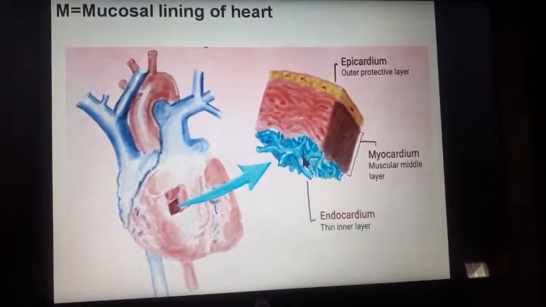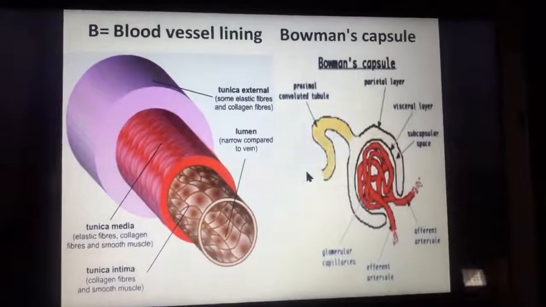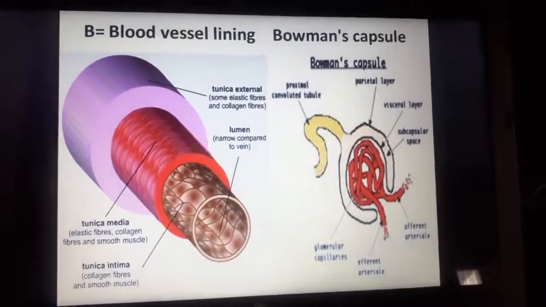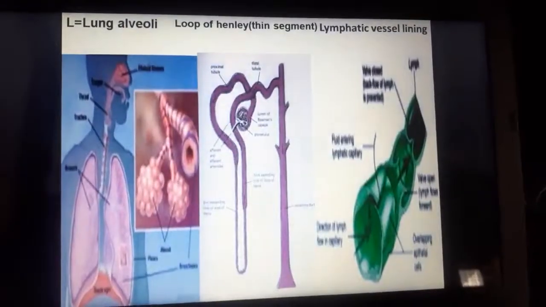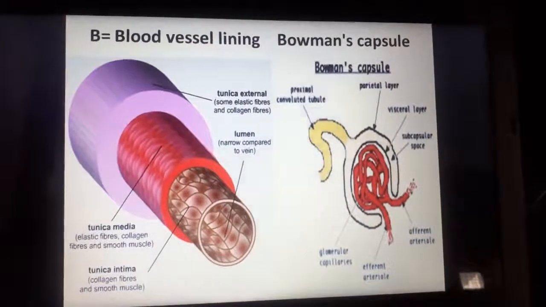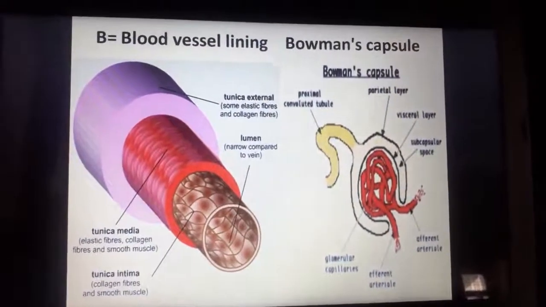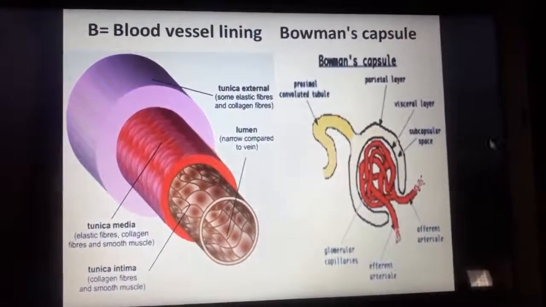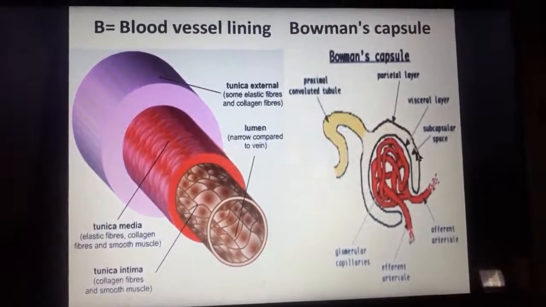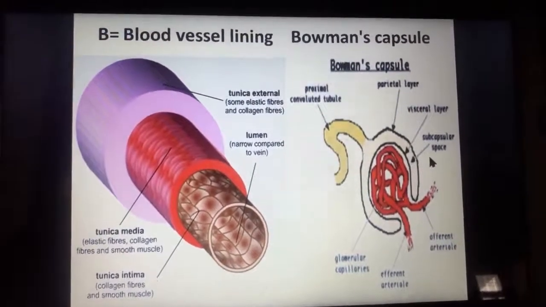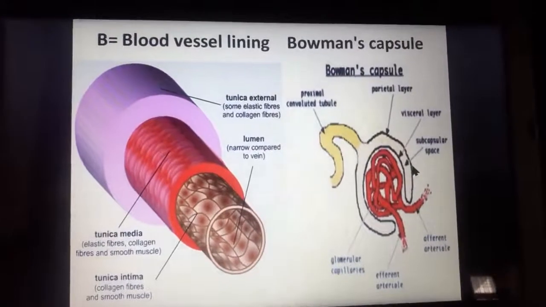Kumbal, B for blood vessel lining. And even the Bowman's capsule, the parietal layer. This is the parietal layer and this one is the visceral layer. So, the parietal layer of the Bowman's capsule.